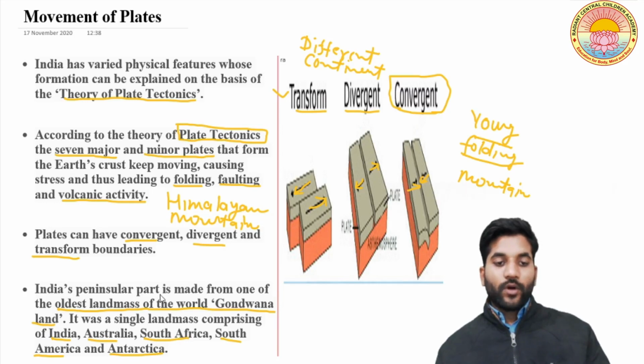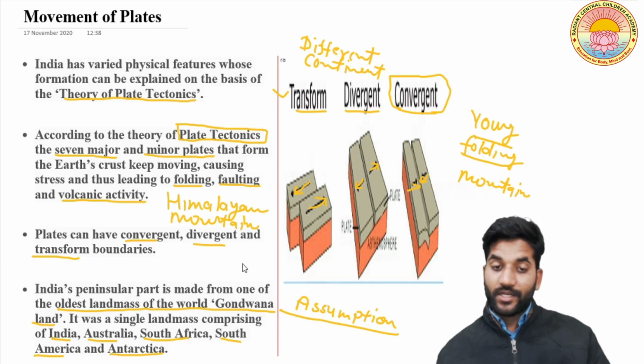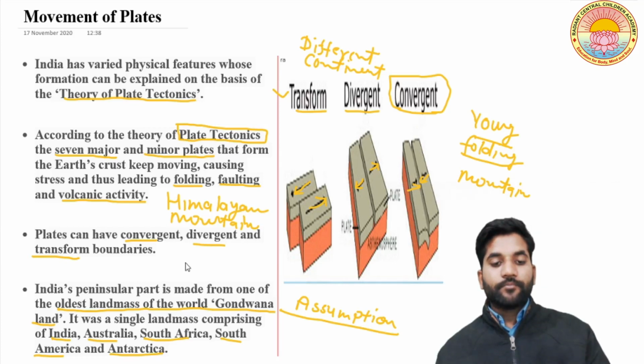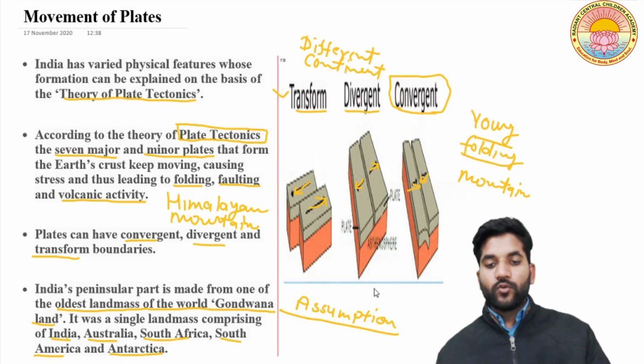You may ask how this kind of assumption has been formed about the oldest landmass. How can you say that these landmasses were at one time one single landmass? If you see the structure of these landmasses, whether you talk about India, Australia, South Africa, South America, Antarctica, when you combine them, you will form a whole structure.